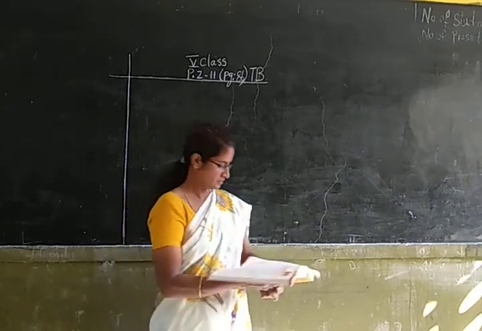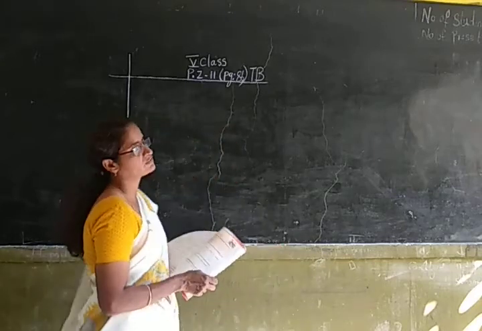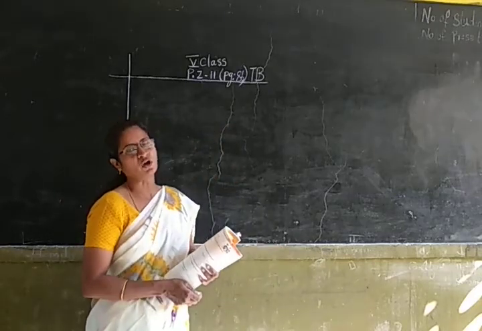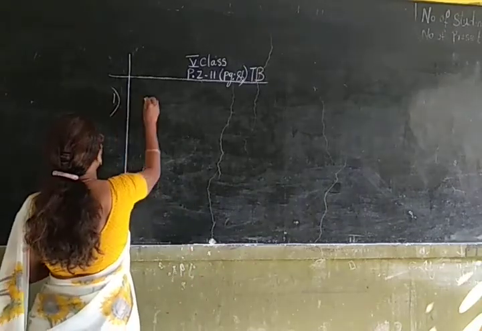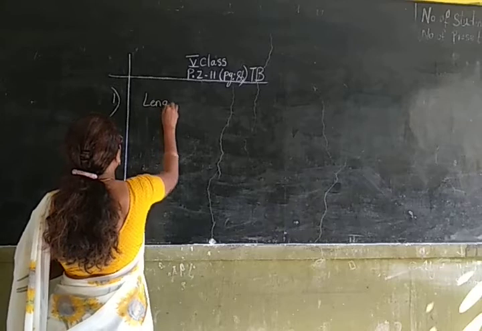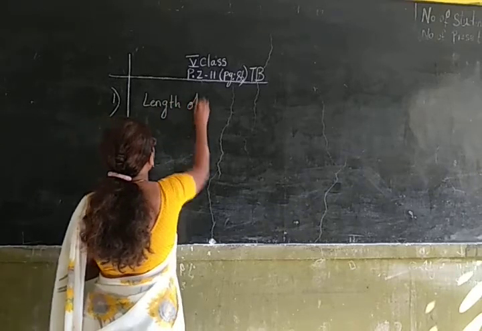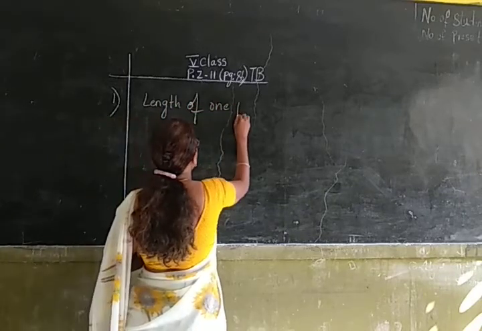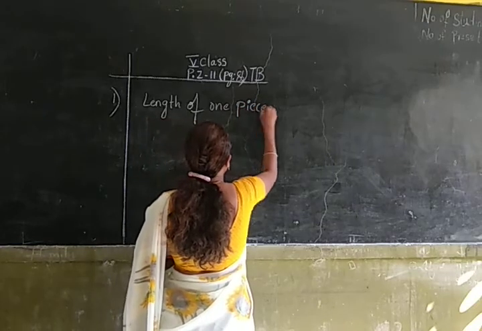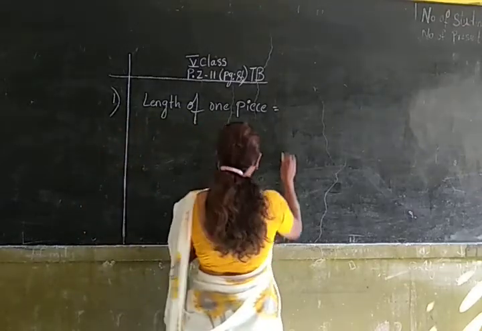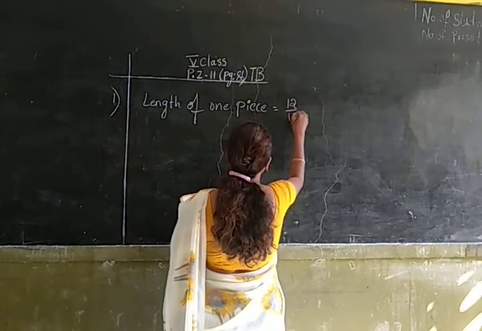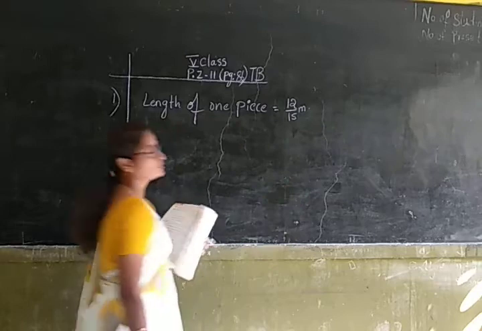Okay children, so let us do the sum. First let us find out how much the shopkeeper cut. Length of one piece: the length of one piece is 25 by 15 meters. So he has cut two pieces.